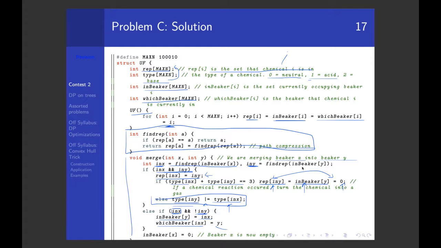So we can ignore it. And here we say in beaker X is 0. We've poured beaker X into beaker Y, so regardless of what happened, beaker X is now empty.